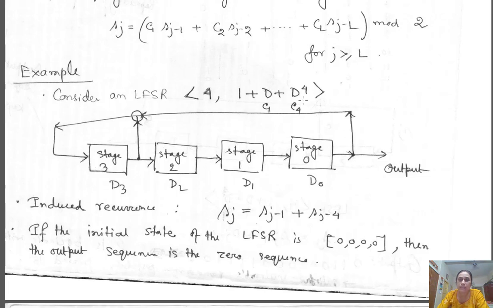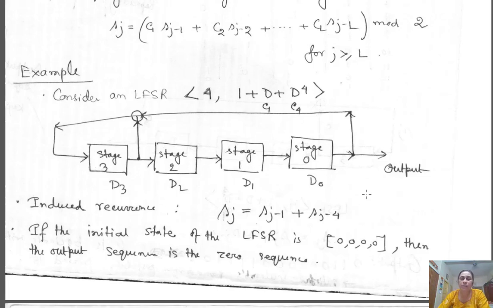Now you can see that in this connection polynomial, C1 is 1, so this is contributing in the generation of the feedback bit. And C4 is also 1, this is also contributing. But C2 and C3, the coefficients of D squared and D cubed, are 0, so they will not contribute; they are not tapped here.